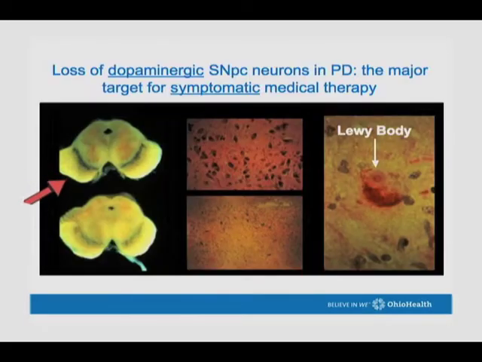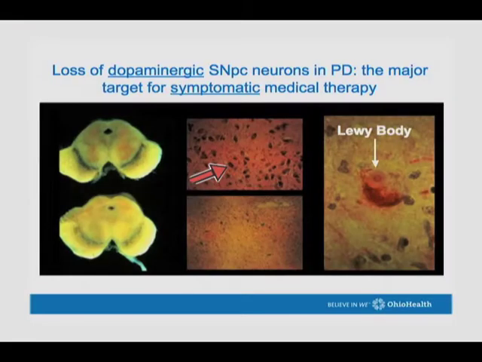And on the top left, that's a brain of a person that did not have Parkinson's disease. You can see very distinct black bands there, and you can see here very distinct cell bodies, and lots of them there. In Parkinson's disease, the bottom panel is a person who passed away and had Parkinson's disease, and you can see, if you compare it to the image above it, you're not really seeing that black band so well, okay?